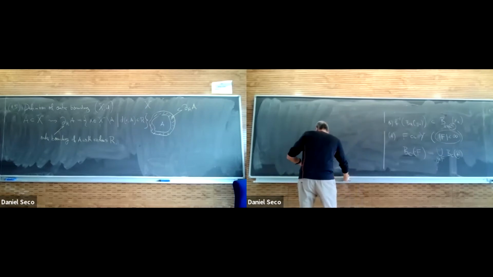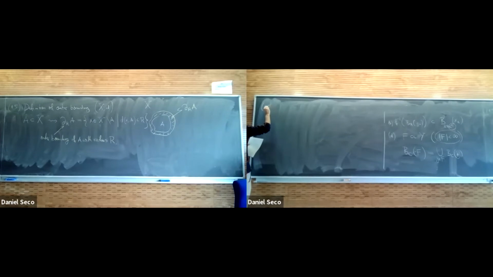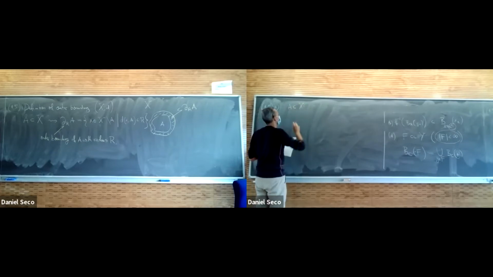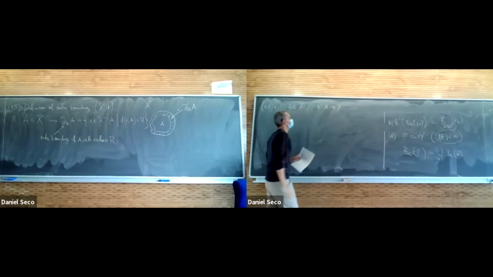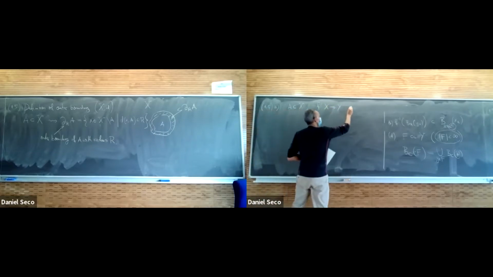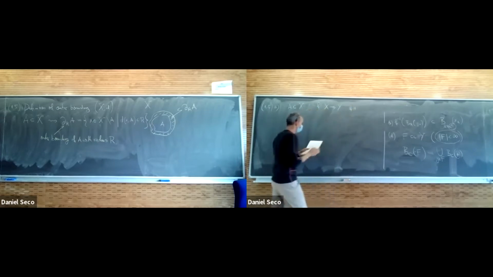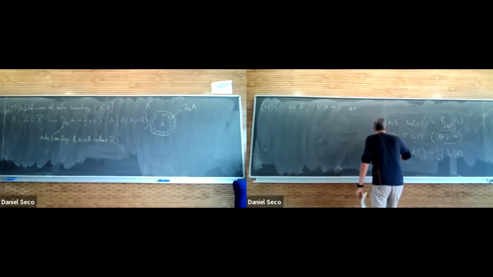Okay, so 1.8. If you have a set in X, and you have a quasi-isometry from X to Y. And I think you know the definition of pre-image, or should I write it for you?